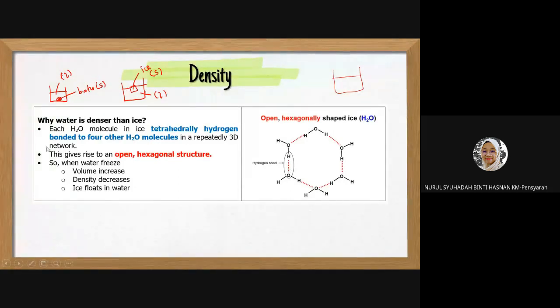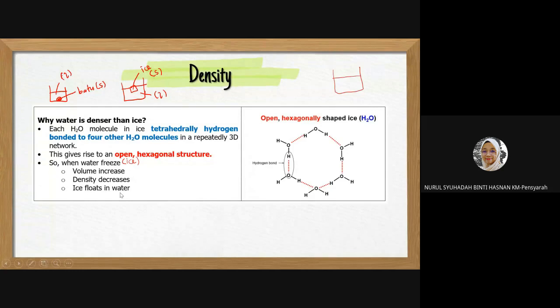Okay, so kita kata when water freeze, kiranya water freeze kat sini maksudnya dia jadi ice. Apa yang akan berlaku? The volume will increase. This open hexagonal structure will have a big volume, so density will decrease. Ice float in water.